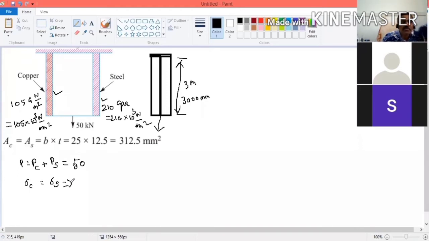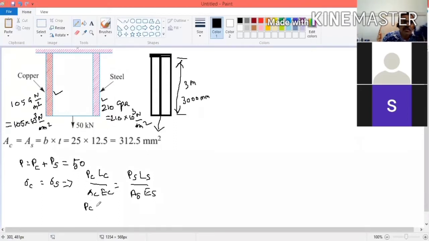How to find delta C? Delta is equal to PC LC divided by AC EC, equal to PS LS divided by AS ES. Now substitute the values. What is the value of PC? We don't know.